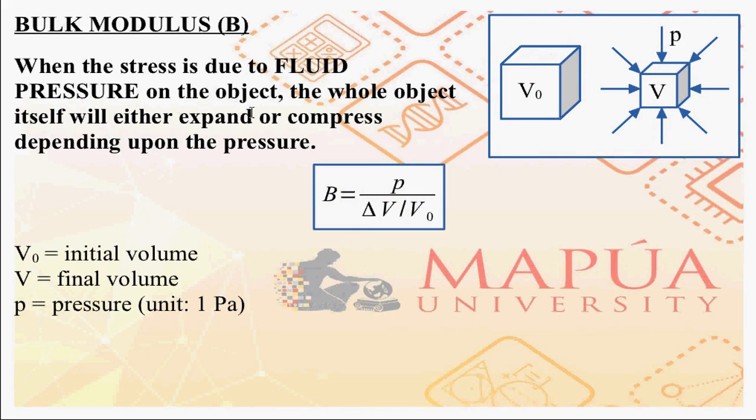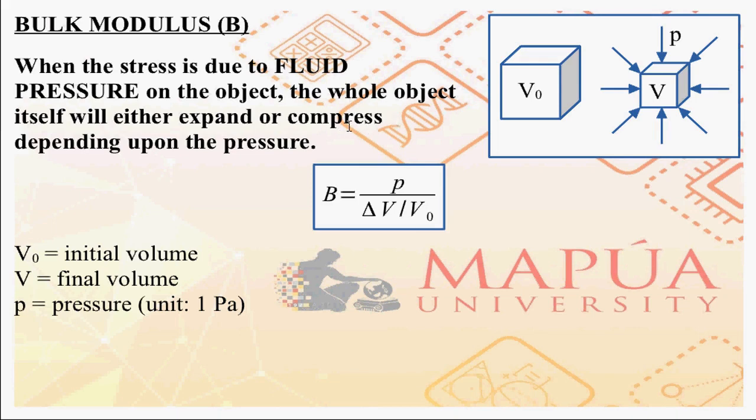When the stress is due to fluid pressure, the whole object will either expand or compress, contract, depending on the pressure P. Since the volume will change, the whole object will expand or compress or contract.